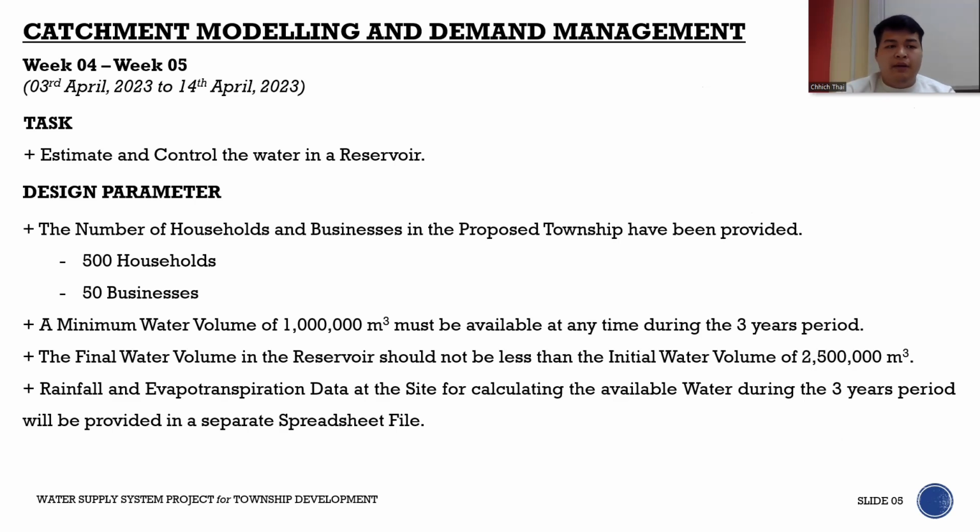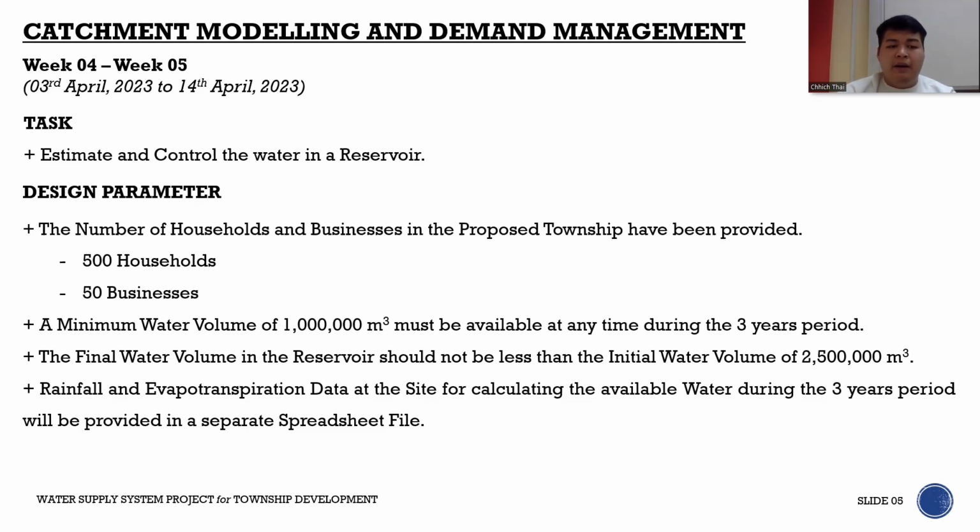In this part, we are going to estimate and control the water in the reservoir, and here are the design parameters. Like I mentioned earlier, there will be 500 households, 50 businesses, and a minimum water storage of 1 million cubic meters in the reservoir during the 3-year period. Also, the final water volume in the reservoir must be no less than 2.5 million cubic meters.